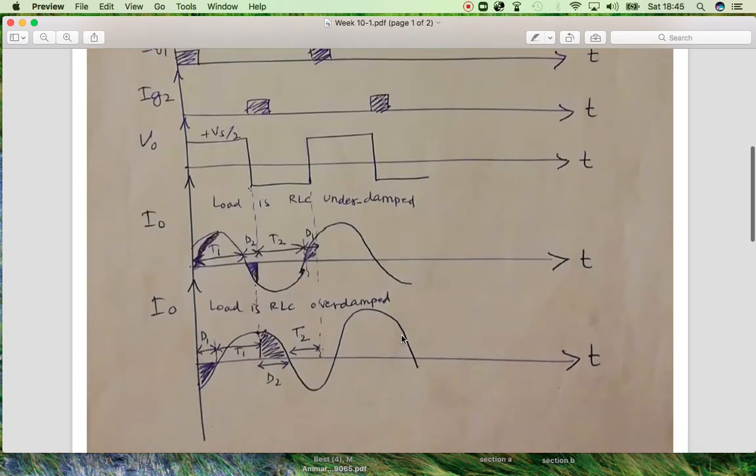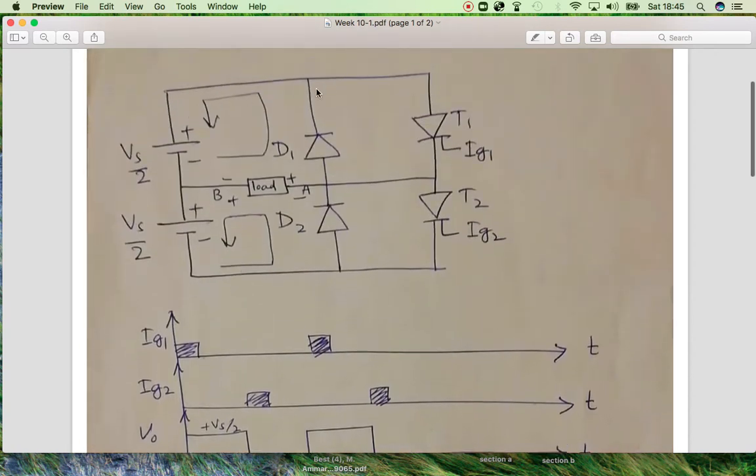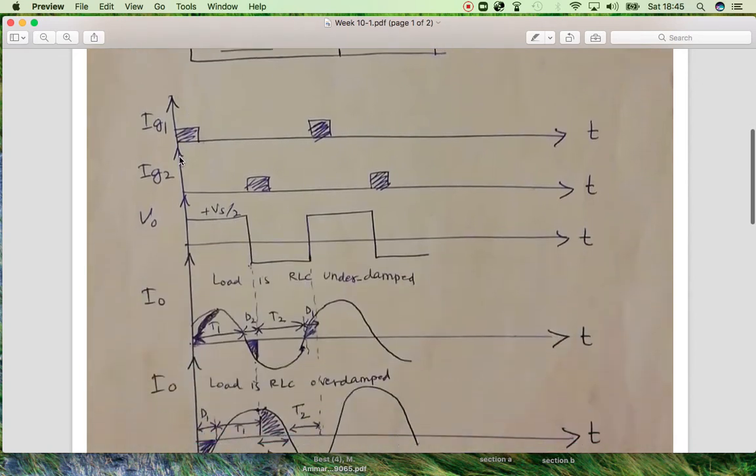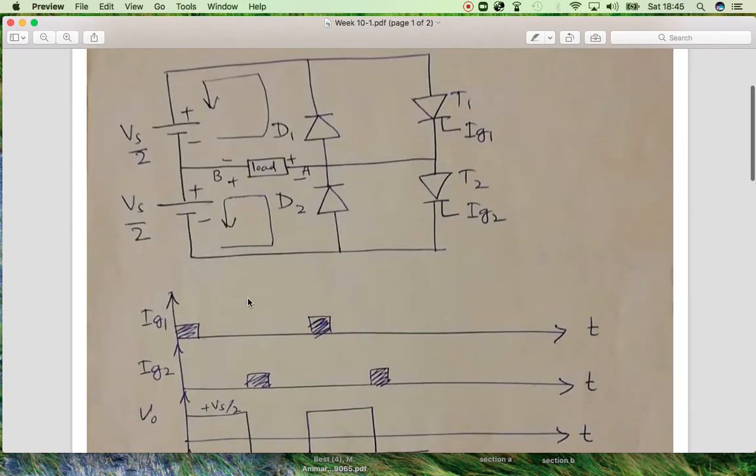So you will see that in this waveform the current is leading the voltage, and we have the current which is positive and the voltage is positive. During that duration when both the current and the voltage are positive, the current is being provided by the supply from here to here. And when the current is negative and the voltage is positive, at that instant the current is provided by the load and it is passing through the D2 diode.